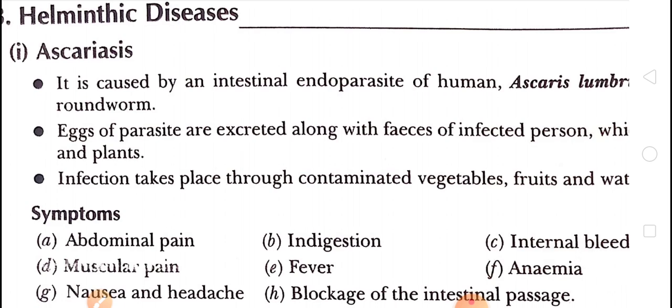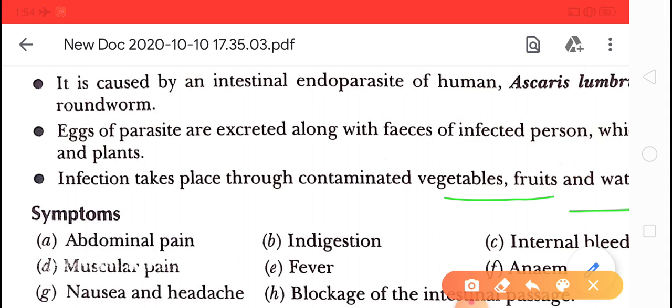From the infected person's feces, the housefly contaminates the food, water, fruits and vegetables, and when any other person takes the contaminated vegetables, fruits and water, then the Ascaris lumbricoides reach the intestine of the person and they cause Ascariasis.